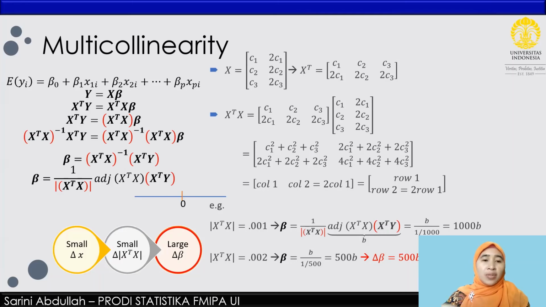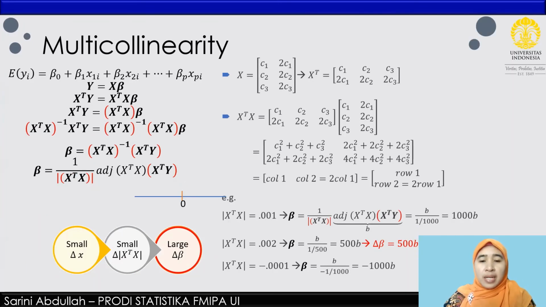There is a huge difference in the estimated value of the beta. So that's why, when multicollinearity exists, this unstable condition is called ill condition, the ill-conditioned matrix, and that ill condition gives the consequence of unstable estimated values of beta.